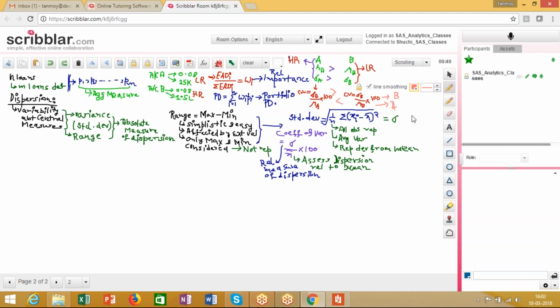Now, after this is done, there is another alternate measure. There is another measure of relative dispersion. Like we get the coefficient of variation from the standard deviation and the mean, similarly there is another alternate measure called the coefficient of range.